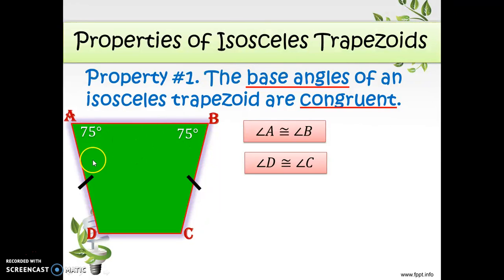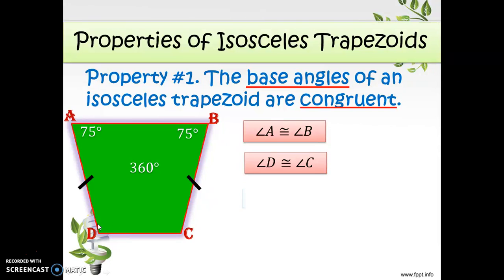Knowing the fact that it is a quadrilateral, how can we know the values of angle D and angle C? Let's recall that in a quadrilateral, the sum of the interior angles is equal to 360 degrees.